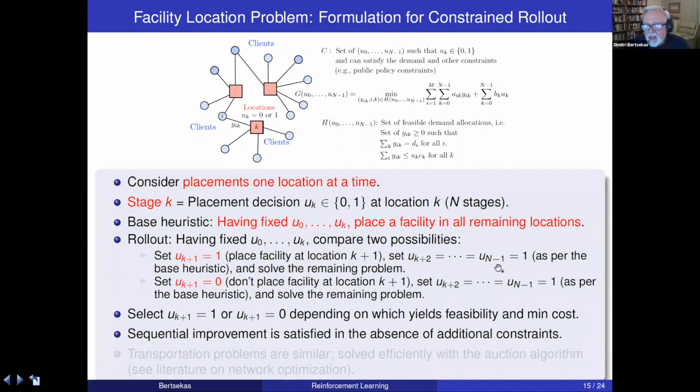You start out with a base heuristic that sets all to 1, and then as you move forward, it continues. The tail of the trajectory generated by the base heuristic also consists of 1s. So it's easy to verify that sequential consistency is satisfied and also feasibility is satisfied. So you get cost improvement over the initial choice, which would be to build everything, build a facility in every location.